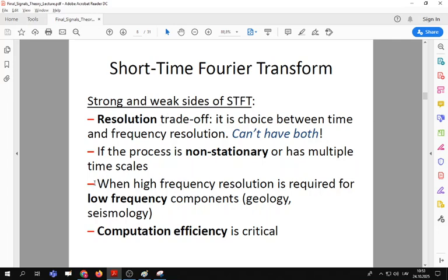Now, there is also a problem when you need to have high frequency resolution for very low frequencies, yes?